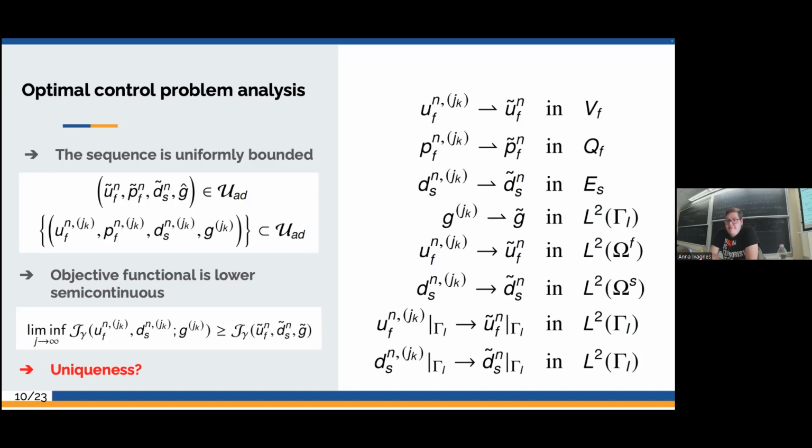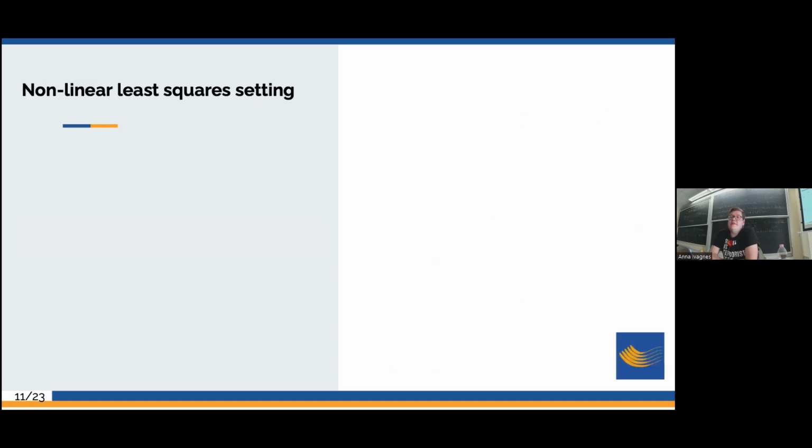I will stop here with the optimal control analysis, and now we can move to how we can actually work with what we have at hand.